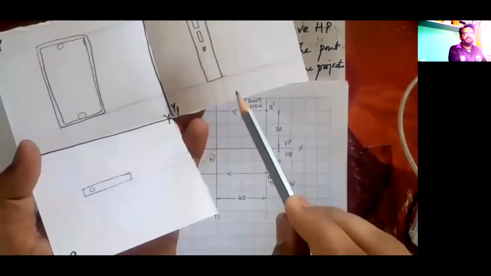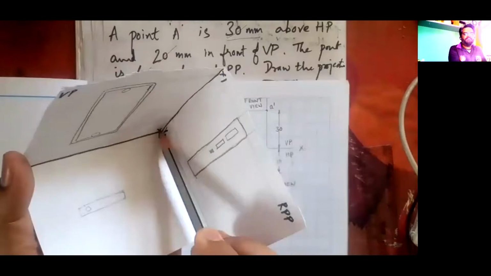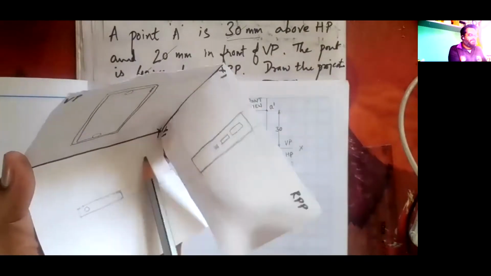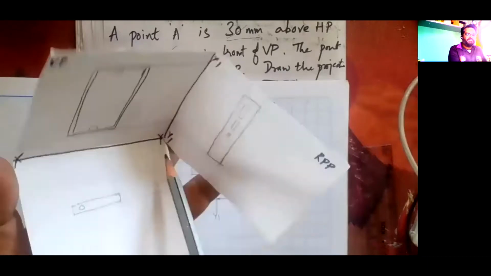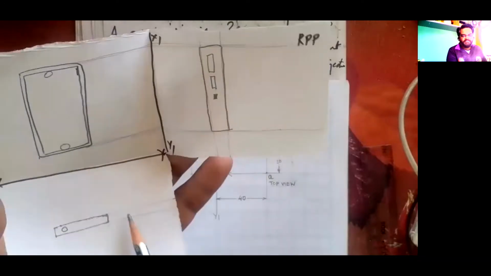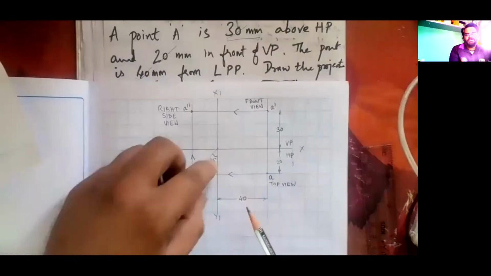This position, see here, from this corner to this point is the same on 2 planes also, right? That means this distance is equal to this distance. Same way, instead of objects, we are learning with points. So here, the distance here is equal to this distance, 20 mm.